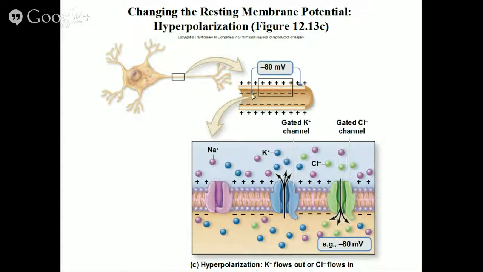And it says, okay, we're going to make the inside more negative in here because we're done, and so that's why it wants to do what it wants to do. The neuron is concerned with getting that negative charge back in operation inside the cell.